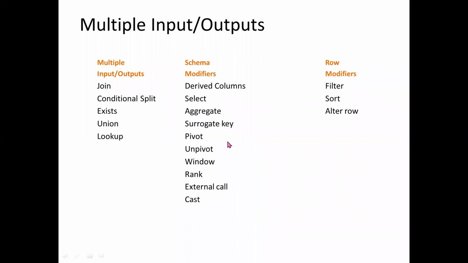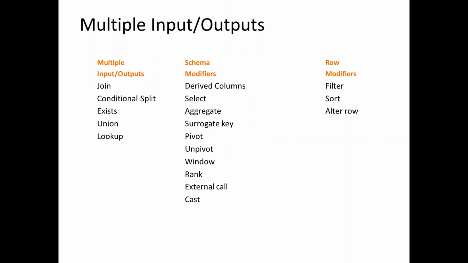So in the previous class, we discussed some of the schema modifiers, right? And what is the purpose of derived column, select, aggregate, and also the surrogate key, the importance of the surrogate key and how it plays a major role in a data warehouse kind of project, right?